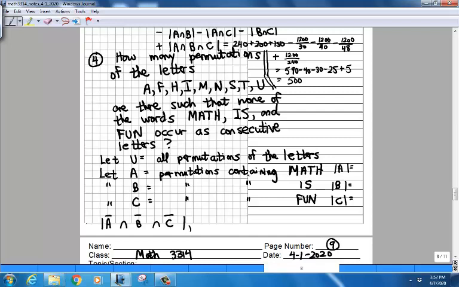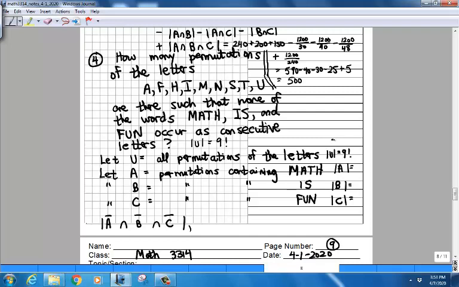All permutations of these 9 letters, and it's very easy to compute the cardinality of U. Since all of these letters are distinct, we don't have any repeated letters, then all we're really doing is asking how many permutations there are of 9 distinct objects, and that we know is 9 factorial. So the size of U is 9 factorial.